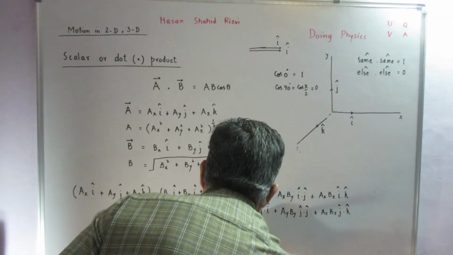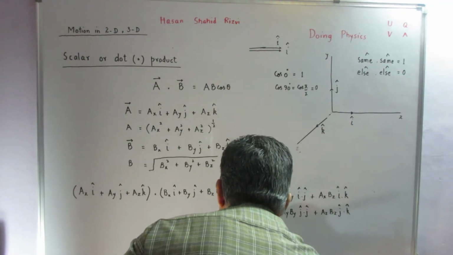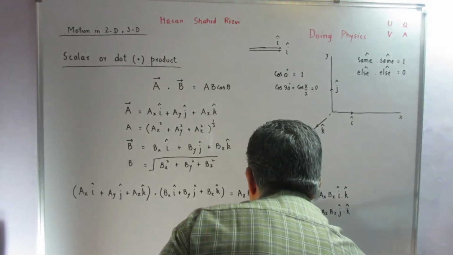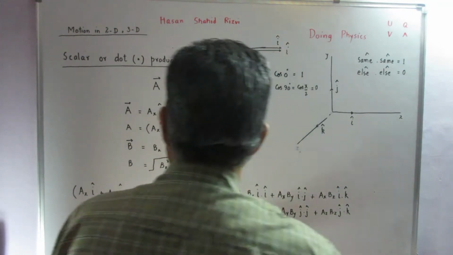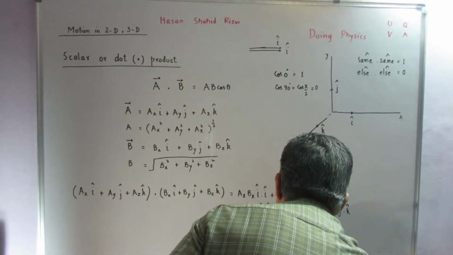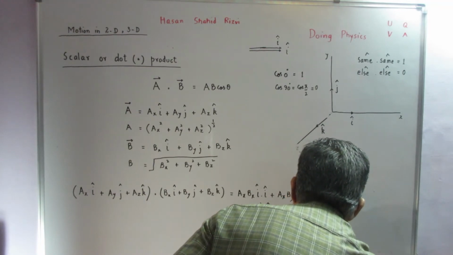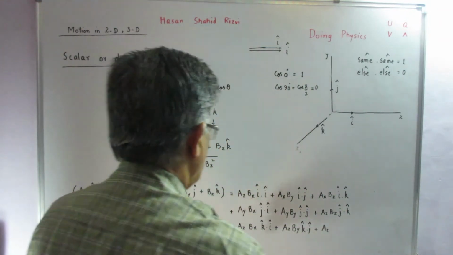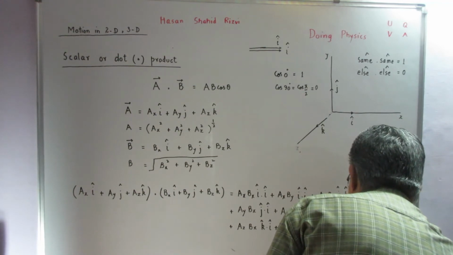And the third term, that is Az k, multiplying it throughout, Az Bx and k cap dot i cap, plus Az By, k cap dot j cap, plus Az Bz, k cap dot k cap.